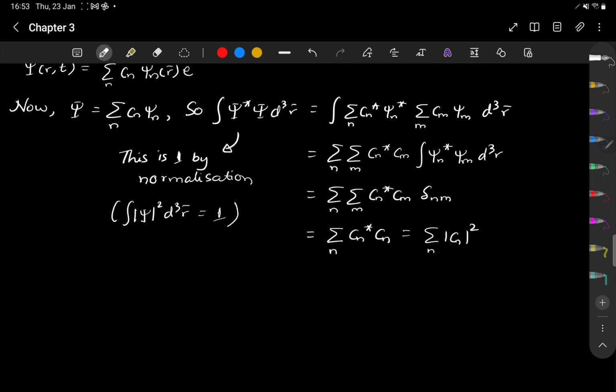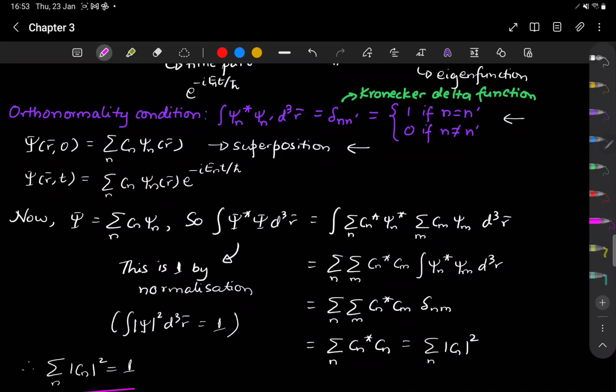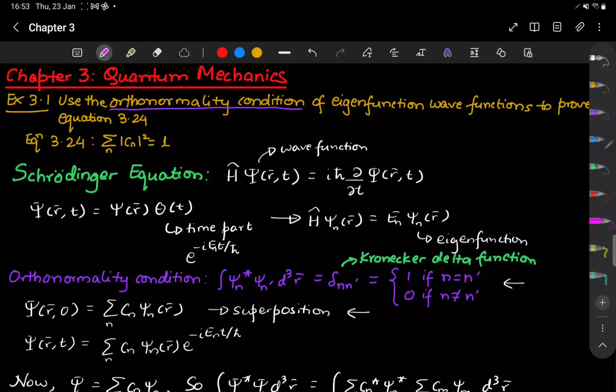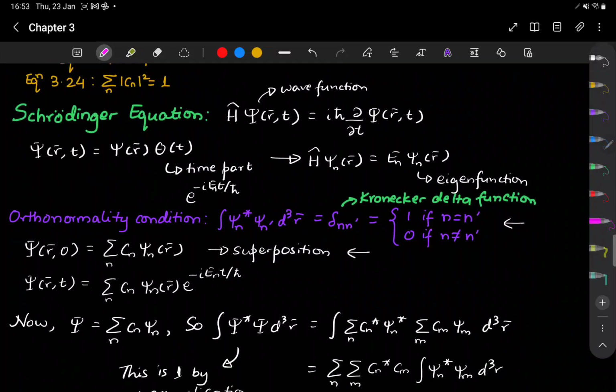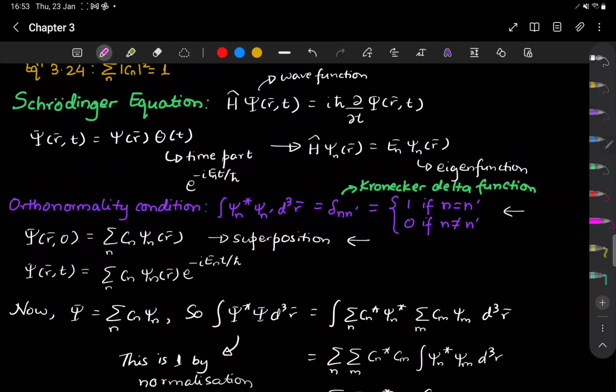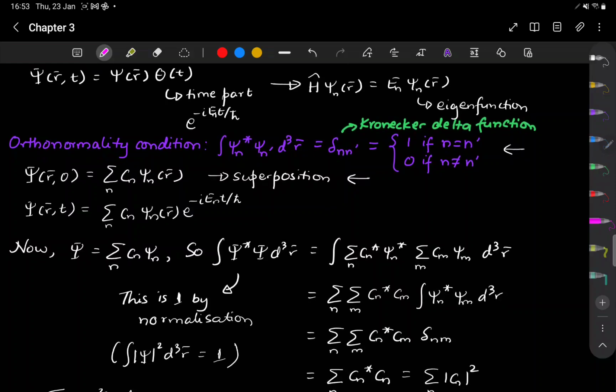This is the normalization condition, and thus we get our desired result, that is summation over n of mod Cn squared equals 1. So hence proved, we have completed the first question. The important concepts in this problem were the Schrodinger equation, the eigenfunctions, and the superposition principle.